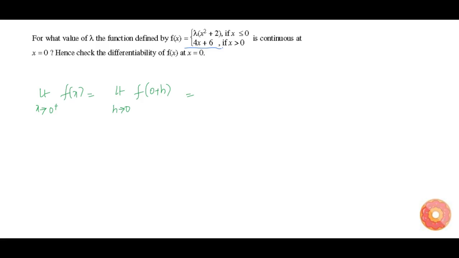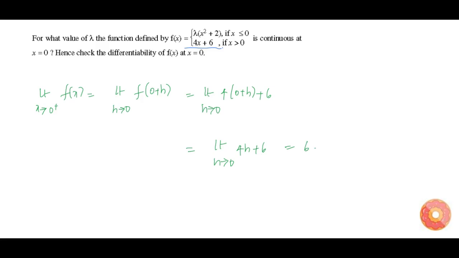Now let us substitute x. We get limit h tends to 0 of 4 into 0 plus h plus 6, which is equal to limit h tends to 0 of 4h plus 6. Now applying the limit, we get limit x tends to 0 plus f of x is equal to 6. This is the right hand limit value of the function.